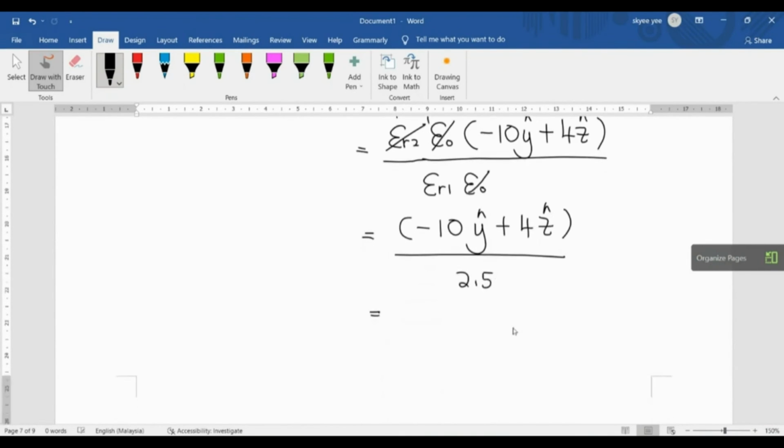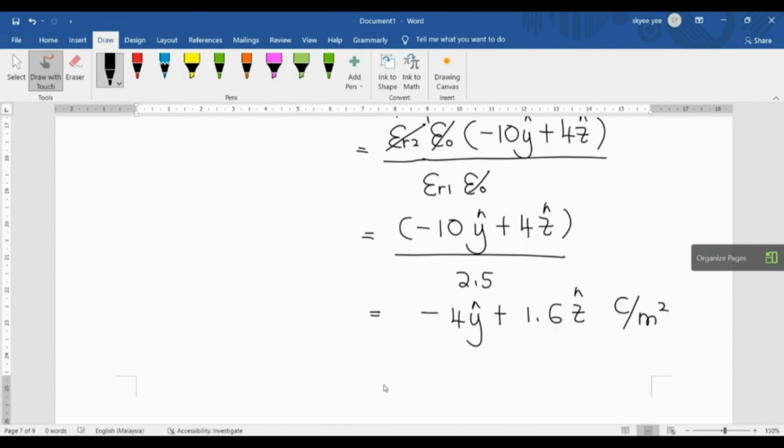You can calculate, so this is negative 4y plus 1.6z. This is coulomb per meter square.